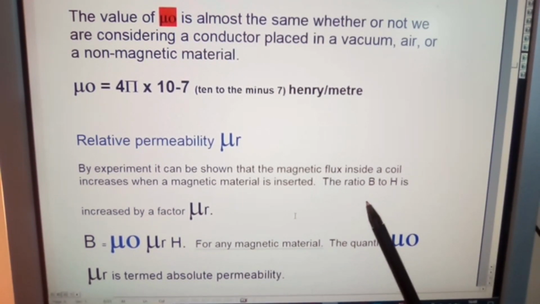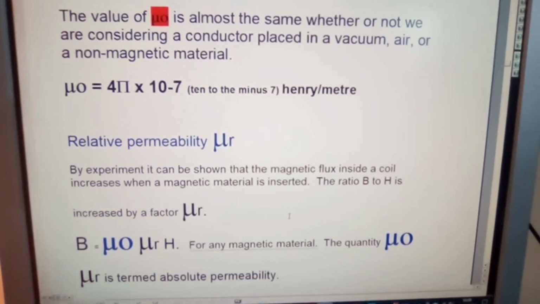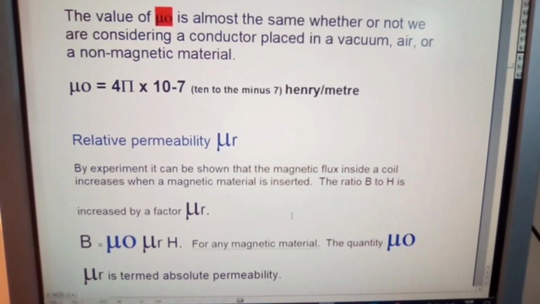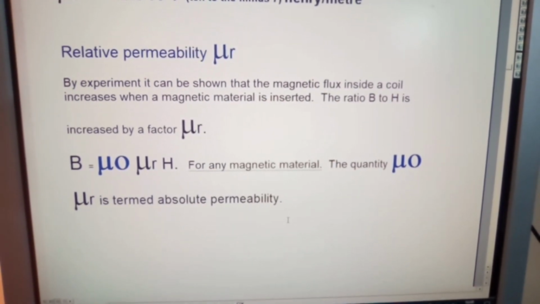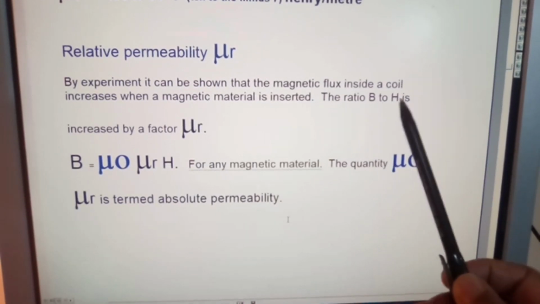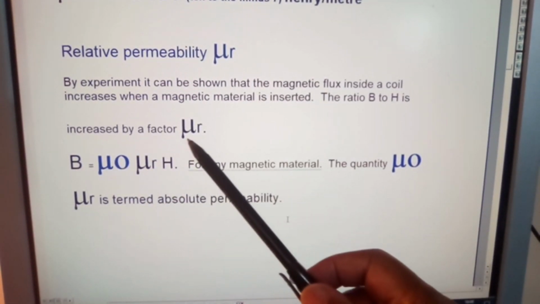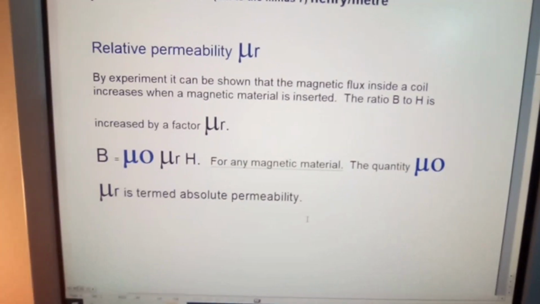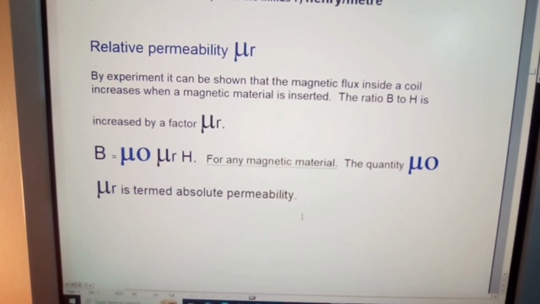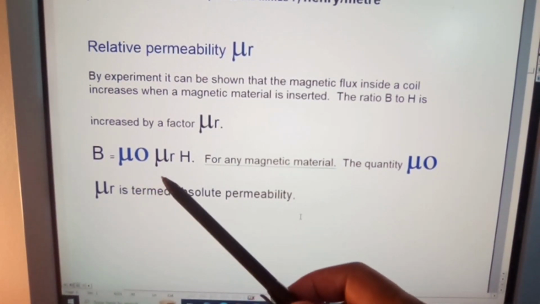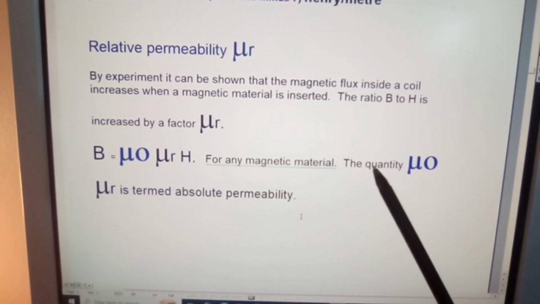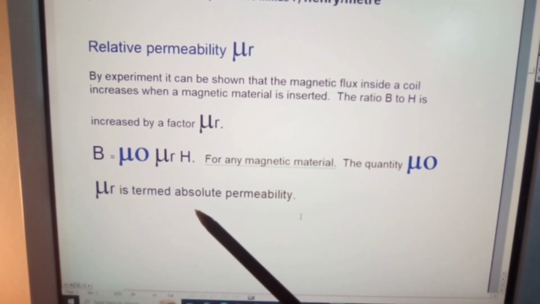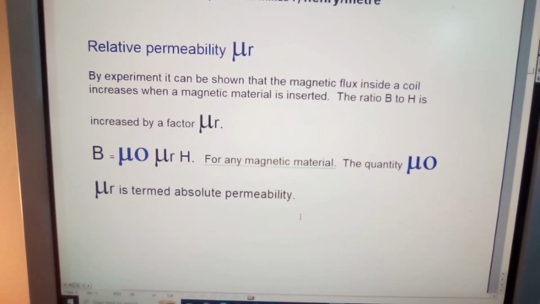The ratio B to H is increased by a factor of mu R. So B equals mu O, mu R, H. For any magnetic material, the quantity mu O, mu R is termed absolute permeability.